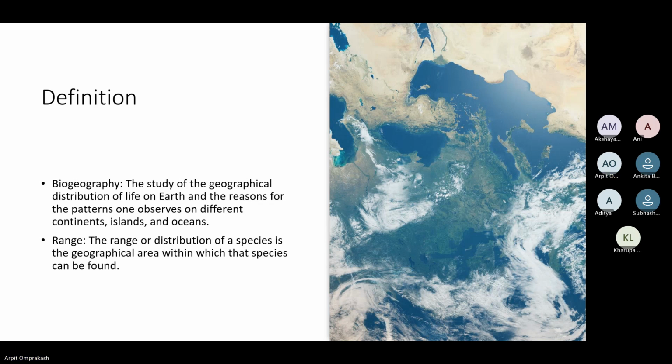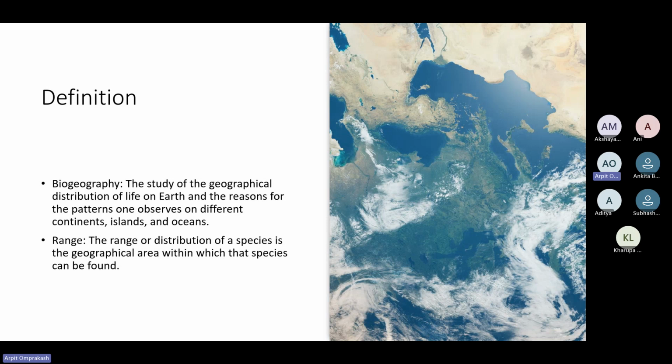Basically, we are looking at all the different species, whether they are terrestrial or aquatic or airborne, doesn't matter, across different geographical areas such as across continents, islands, and even oceans. And we look at how these species are distributed.